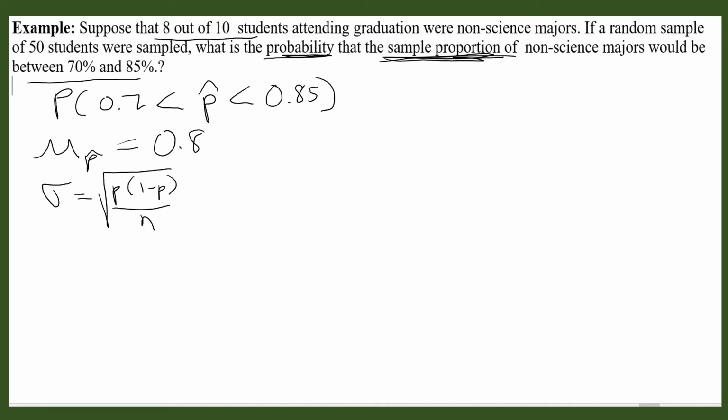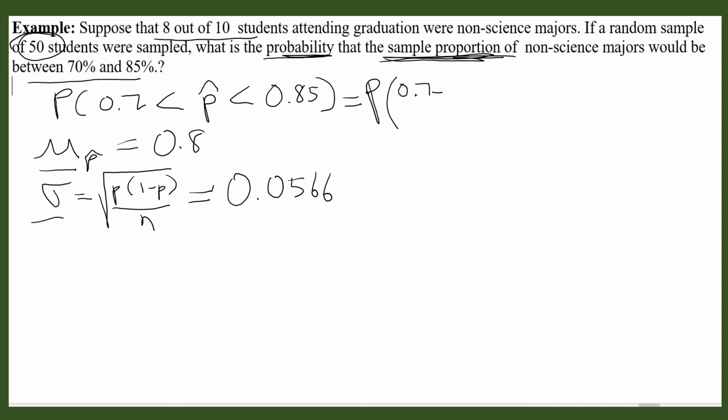P is the population proportion, 0.8. Plug those numbers into the formula. N is equal to 50. You do the math. When you do the math, you should get 0.0566.